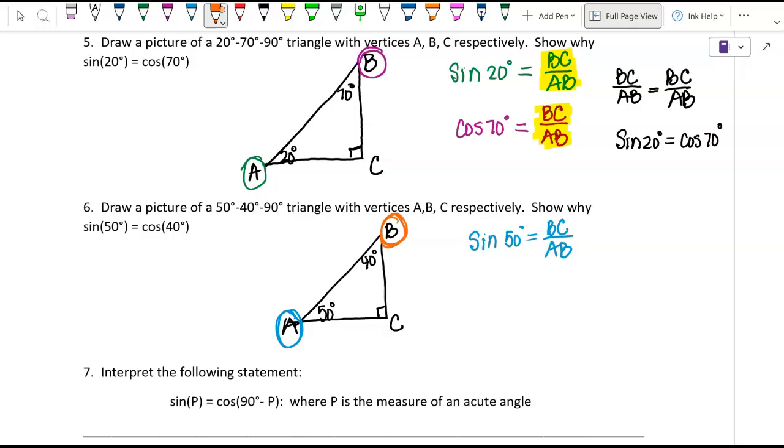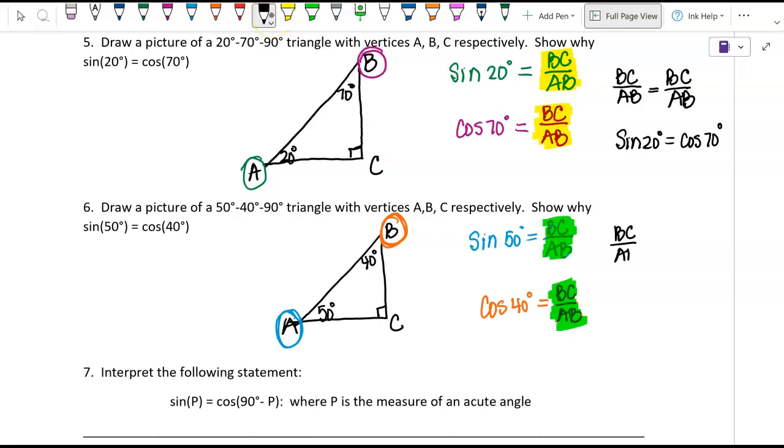When I switch to the cosine of 40, that means that now angle B becomes my reference angle for that one. So the cosine of 40 degrees, and cosine now says I want the leg adjacent over the hypotenuse. Well, now that my reference angle has switched over to angle B, again, that becomes BC over AB. And once again, they're both equal to the exact same ratio.